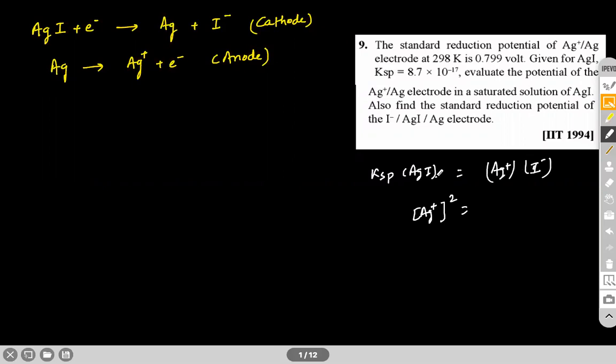This is equal to 8.7 into 10 to the power minus 70. So when you solve this, you'll get the Ag+ concentration as root over of it, around 9.3 into 10 to the power minus 9. This is the Ag+ concentration we get.